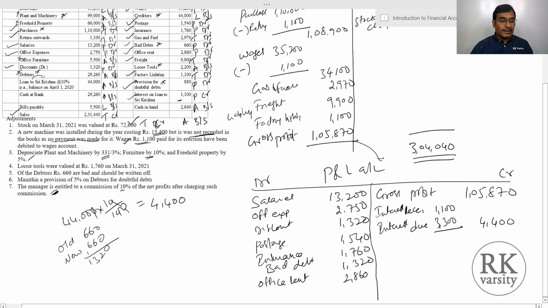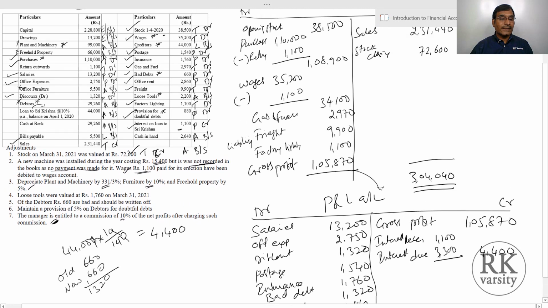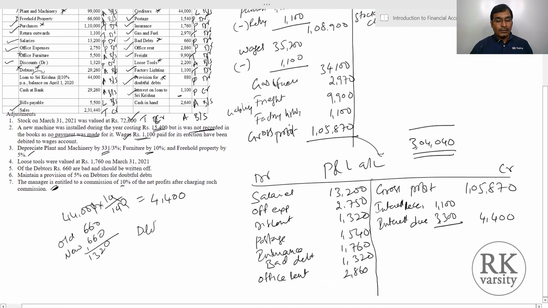Now what it says is maintain a provision of 5% on debtors. So what is your debtors? The value of debtors is 29,260. From this, deduct the new bad debt, that is 660.